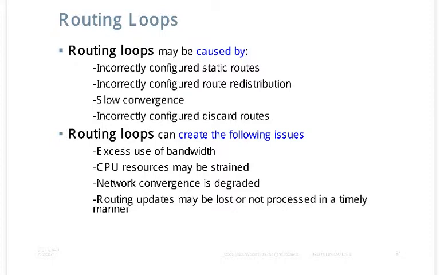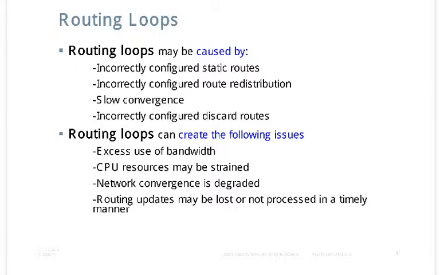Incorrectly configured route redistribution, which is the example that we talked about in the previous slide. The route redistribution happens in such a way that makes the routing tables inconsistent, in which case the routing loops will happen.